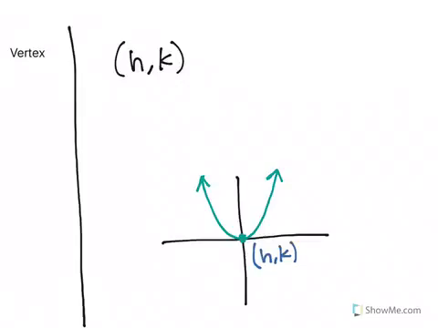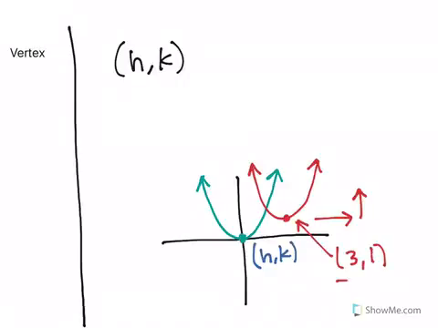But if we shift our graph, let's say our graph ends up here, after moving it around, we have a new vertex over here, and it will be determined by the shift to the right and the shift up. Those values are h and k in an equation. So let's say that this vertex right here is (3, 1), because it's been shifted to the right 3 and up 1.